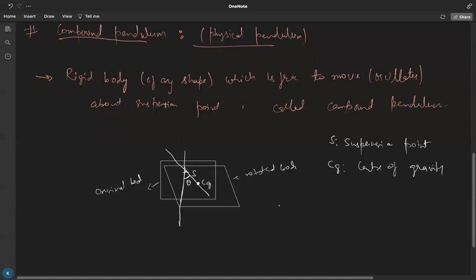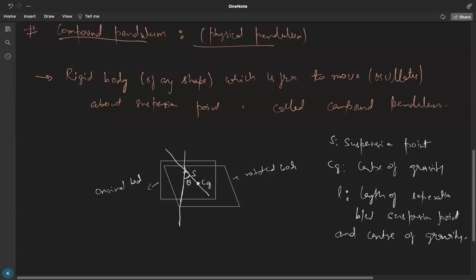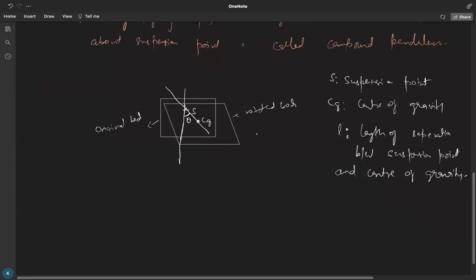Let us define a term L, which is the length of separation between the suspension point and the center of gravity. So this distance is L. This is its mean position, and this is the displaced position, or you can say extreme position.